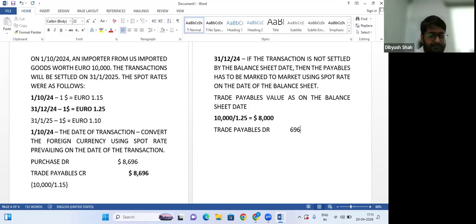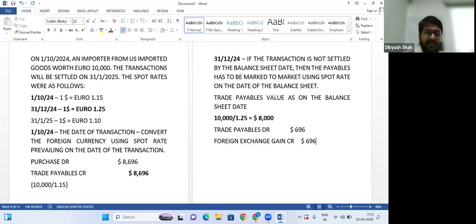By debiting the same. When I pass this entry, automatically the value of trade payables in the balance sheet becomes 8,000. And the difference on the credit side is called foreign exchange gain. If you follow the golden rule of accounting, gains are always credit.